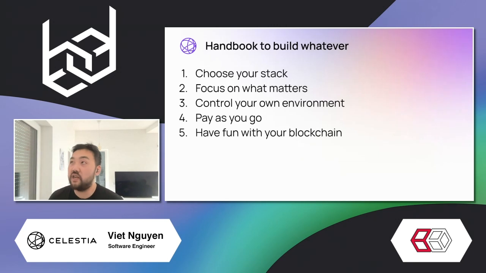We'll imagine that we just want to print out a bunch of POP tokens plus NFT tickets to this wonderful event, the blockchain days. And we want to prove later in time that someone was participating in this, either as just a watcher or a volunteer. And because the DA cost is so low, we'll just pay as we go. It will just be part of operation costs, which cost close to nothing.